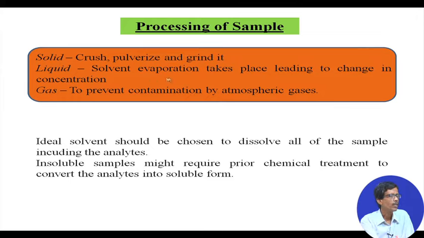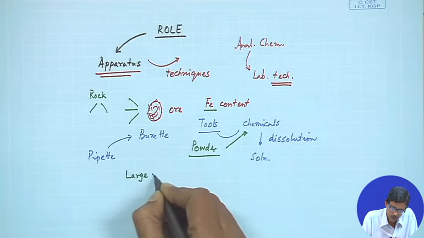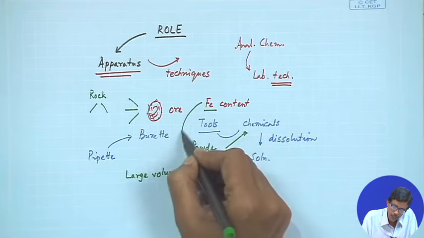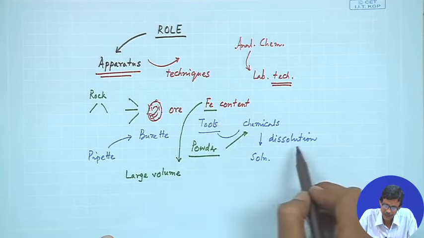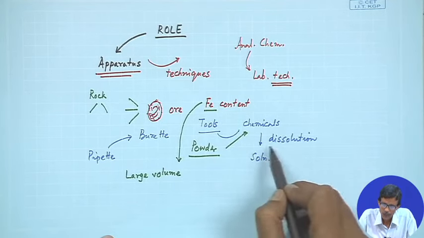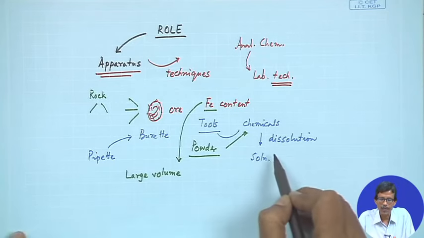If we have a liquid, if we have the solvent, evaporation can take place, leading to a change in concentration. So, if we have a liquid of large volume, and therefore the concentration of this iron, such that you have the powder sample of that ore and we make it powder, and then the powder is dissolving in the acid.